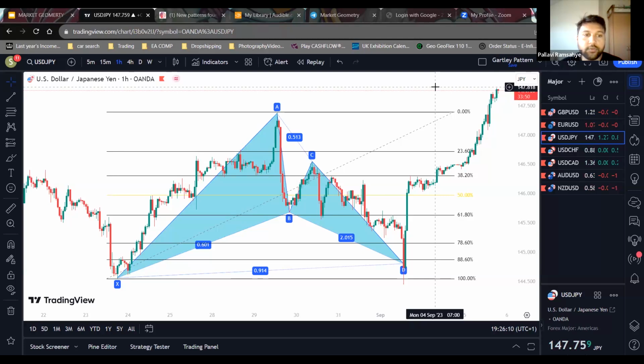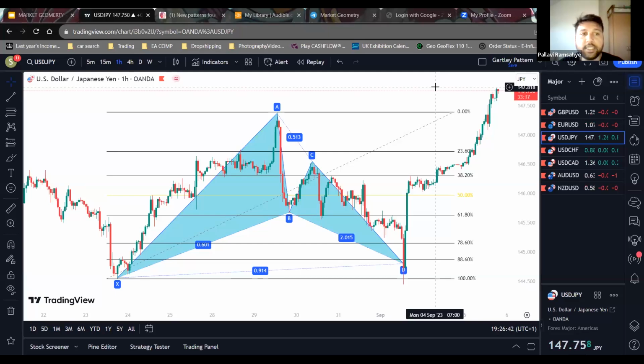Once we've placed the Fibonacci retracement tool from X to A, the price will then retrace to form point B, but which particular percentages should it fall between? We've got 61.8% so far, but there's also another percentage that it needs to fall between in order to be valid, right? If it pushes back past 61.8, it makes the trade invalid.